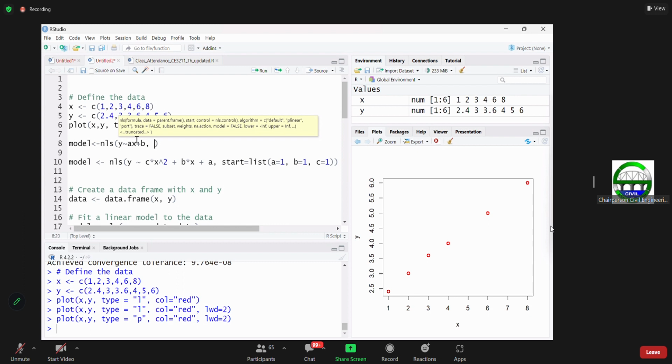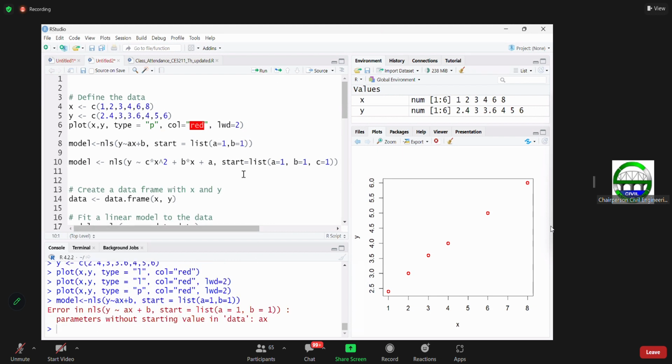And then I have to give the initial values. So I will say start is equal to list, A is equal to 1 and B is equal to 1. Let's do this one and run your model. Sorry, I have to put the multiply sign between A and x, okay.